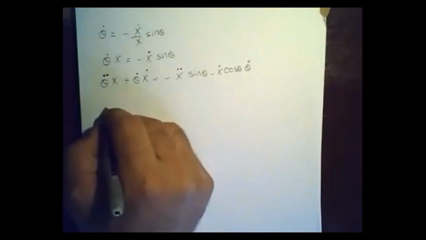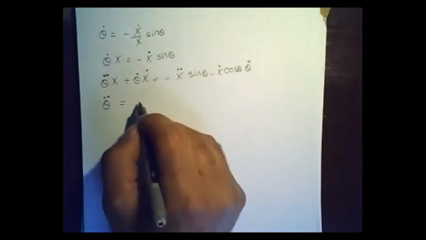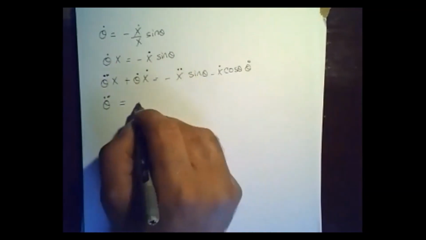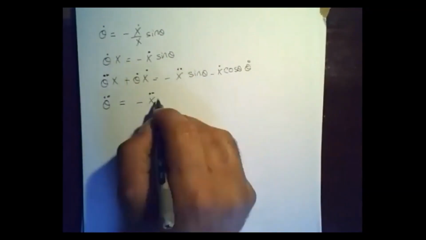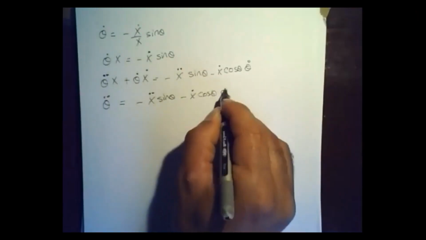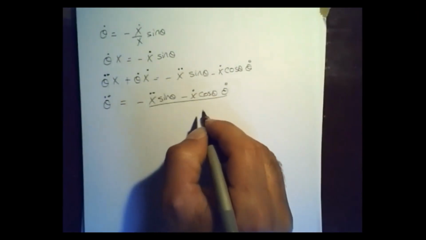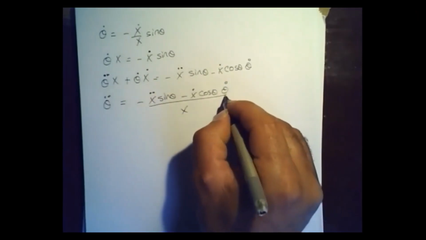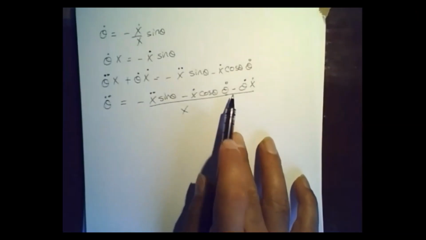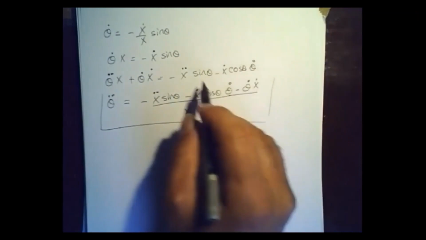So theta double dot is going to be equal to minus x double dot sine theta minus x prime cosine theta times theta prime, and then this whole thing is divided by x, and then we still have minus theta prime x prime. Now we can obviously take this theta prime and plug it back in here and simplify further, but this is what you have.